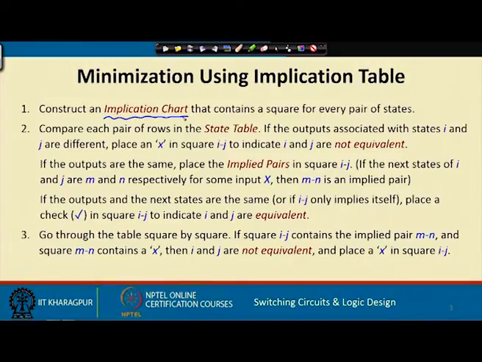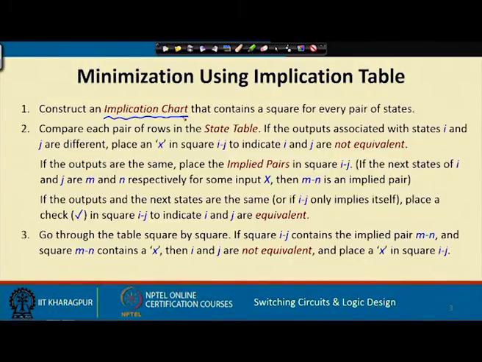Let us say S i and S j, whether they are equivalent or not, and if they are not equivalent, how they differ. Every entry of this structure captures the information regarding the similarity of every pair of states. This table or chart is called an implication table or an implication chart.